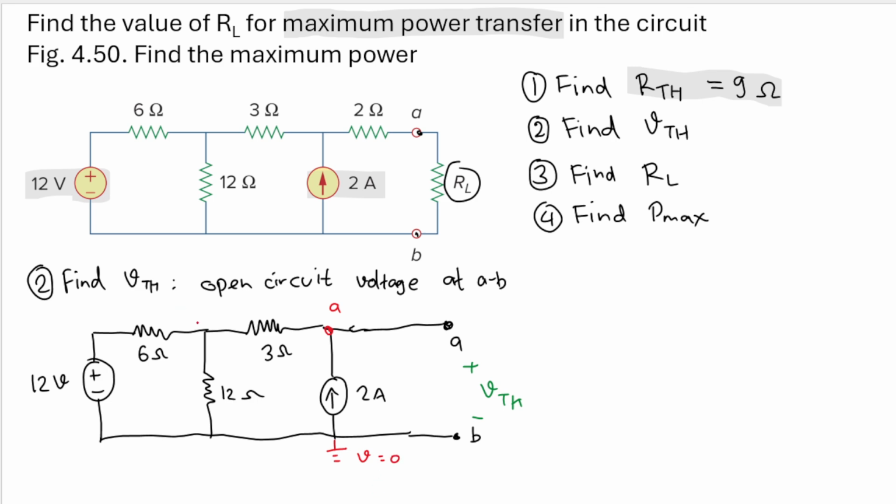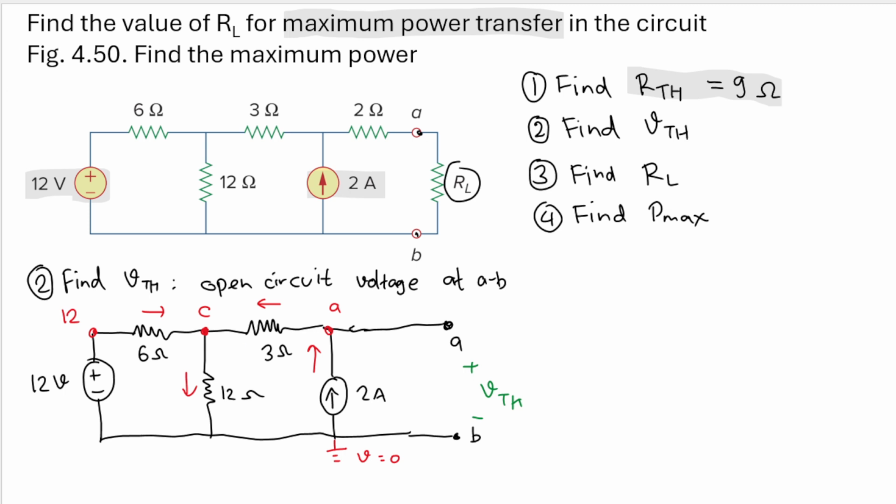And then because this is terminal B, let's set this up as terminal C, and this is 12 volt from the ground. So we have 12 here. Let's assume the direction of the current. So we will have this goes there, this goes here, this I want to go to the left, and here this goes up like this, right?